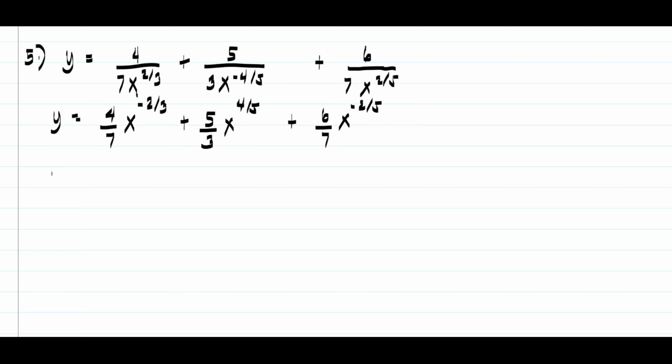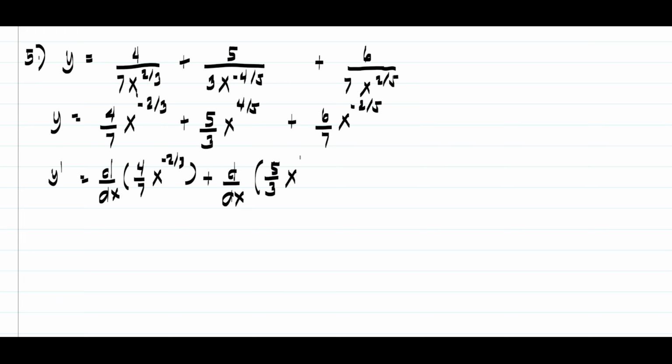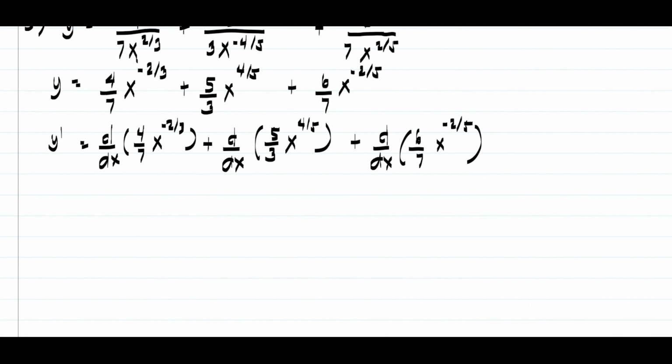So let us find the derivative. Let us have y prime equals the derivative of 4 over 7 x raised to negative 2 thirds plus the derivative of 5 over 3 x raised to 4 over 5 plus the derivative of 6 over 7 x raised to negative 2 over 5. So let us simplify this one. In order for us to simplify, let us just multiply 4 over 7 and negative 2 thirds, same thing as the other expression.